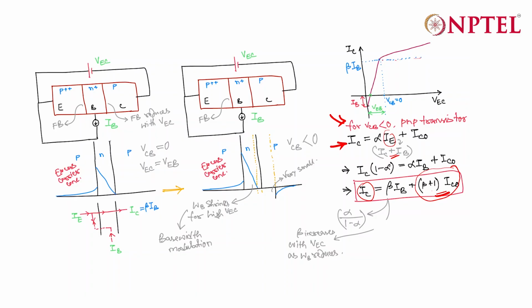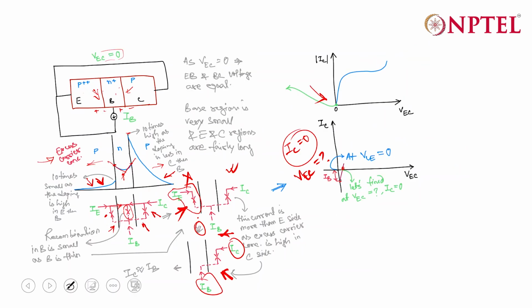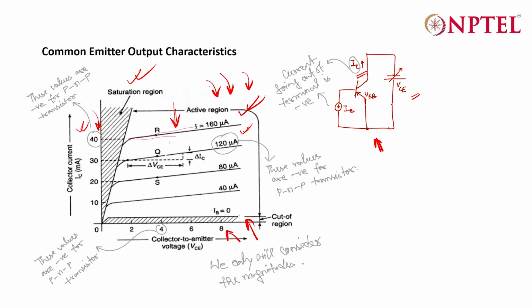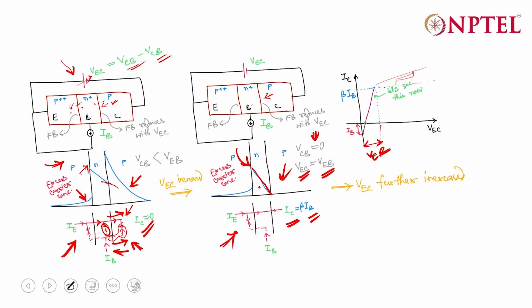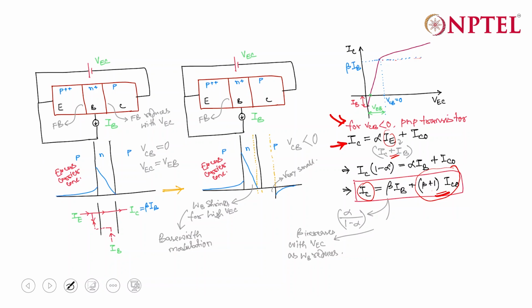However, it is not constant in the output characteristics, if you see. So it is not constant with VEC and it has a slope. So the reason behind this slope is your beta actually increases with the increase in VEC. So if your beta increases, definitely your IC also will increase.